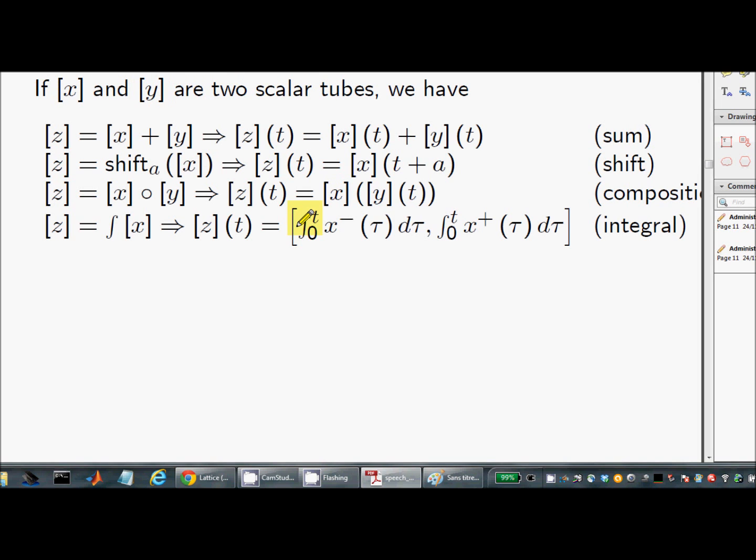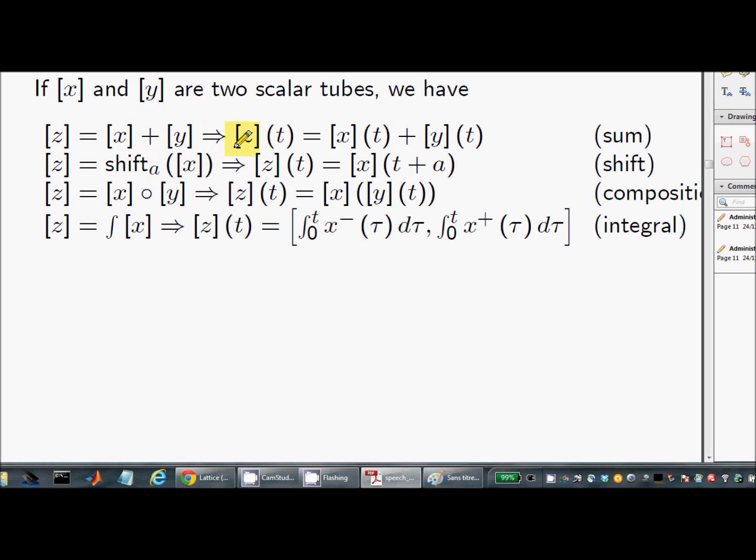I consider two tubes x and y, and I will be able to define the sum or the composition of two tubes by taking the smallest tube which encloses all feasible results of signals x and y when I apply the corresponding operation.